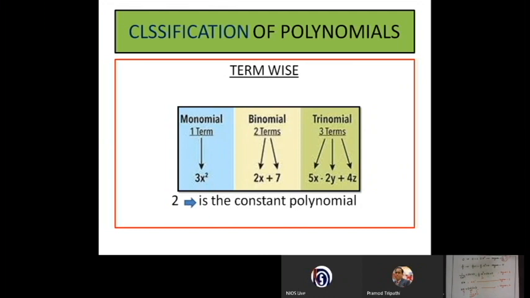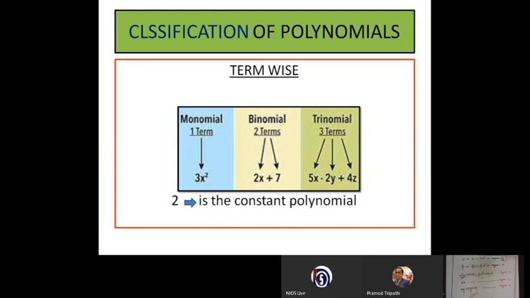Any polynomial having one term is known as a monomial. Any polynomial that has two terms is known as a binomial. Similarly, any polynomial that has three terms is known as a trinomial.